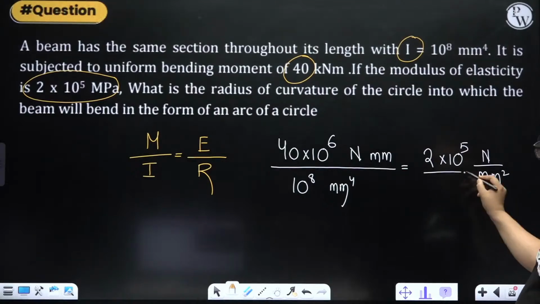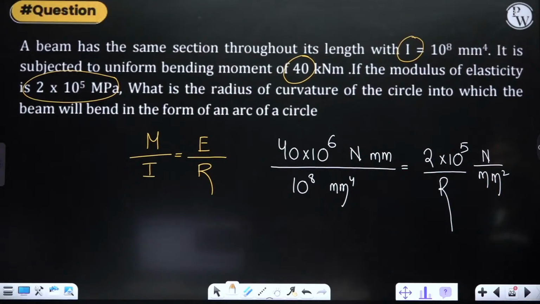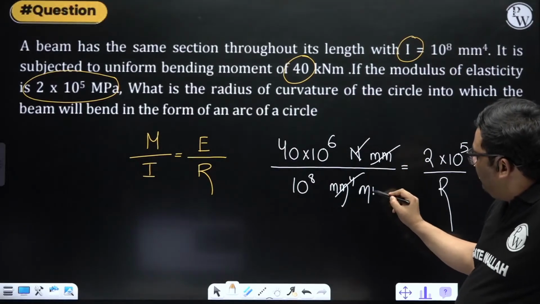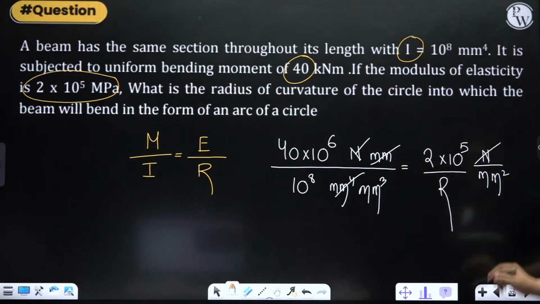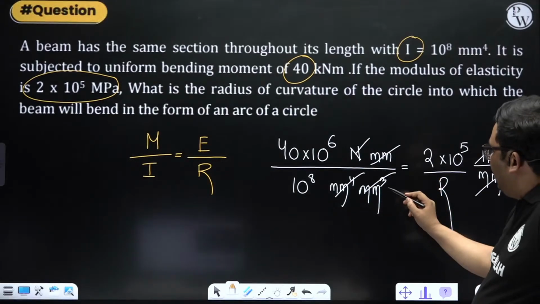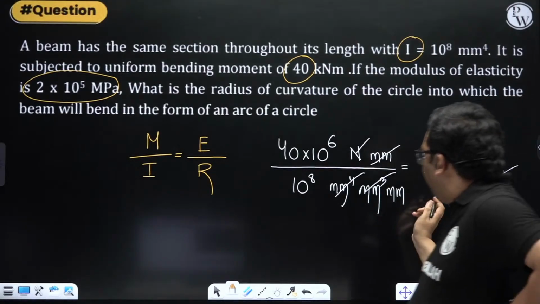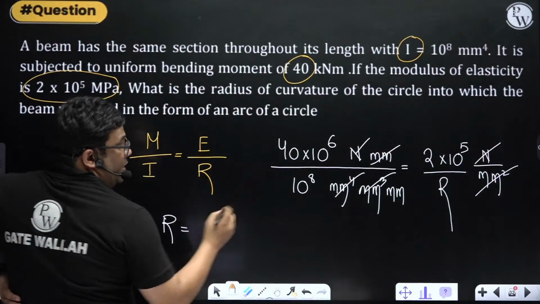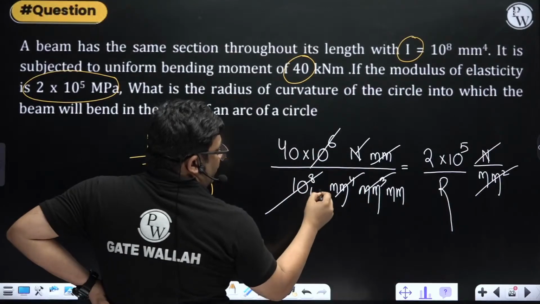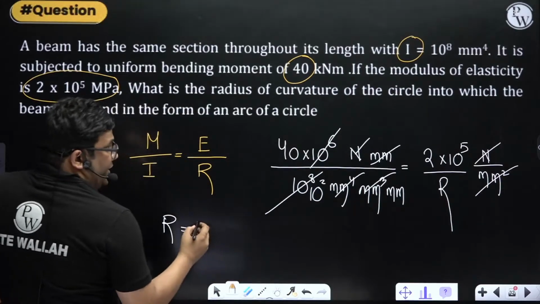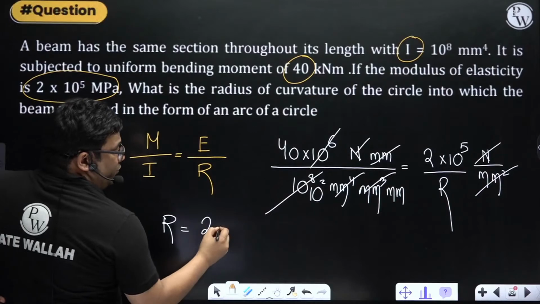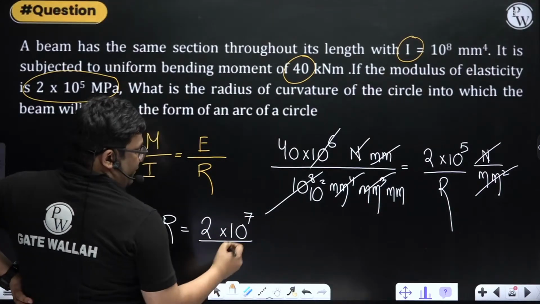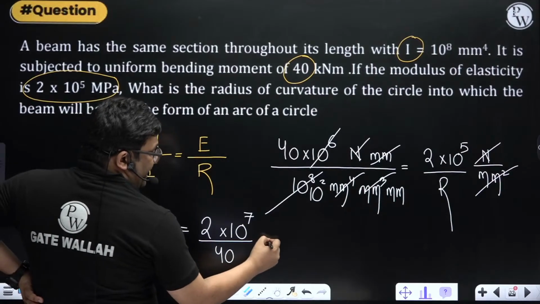And then we have your R. If you see here, Newton gets cancelled, I get a mm cube here, and then mm square gets cancelled, I get a mm here. From here I can find out R in mm. R will be 2 into 10 to the power 7 divided by 40, this much mm.